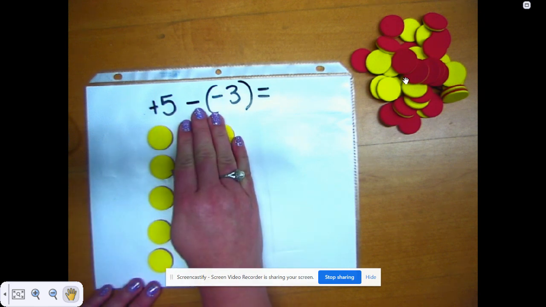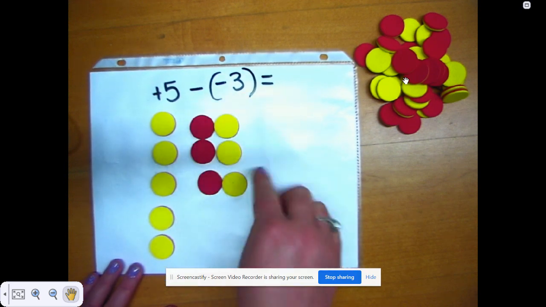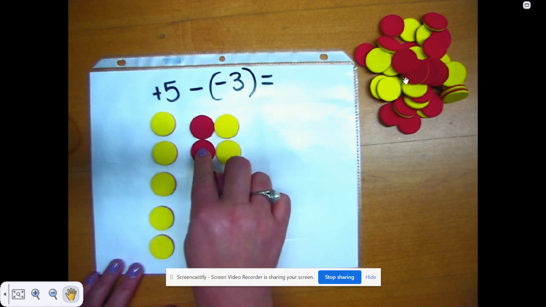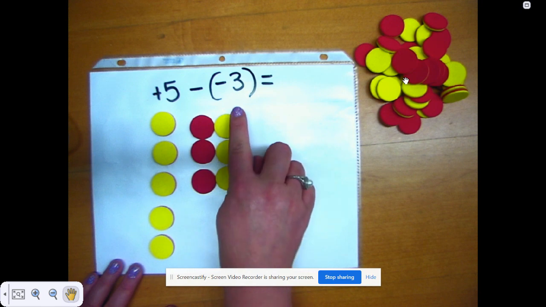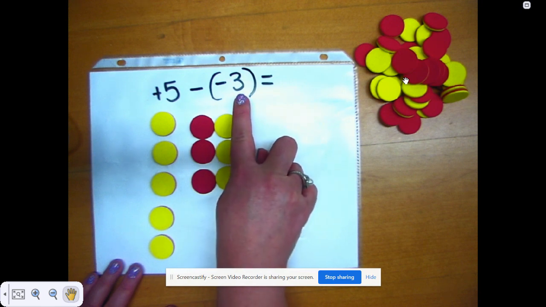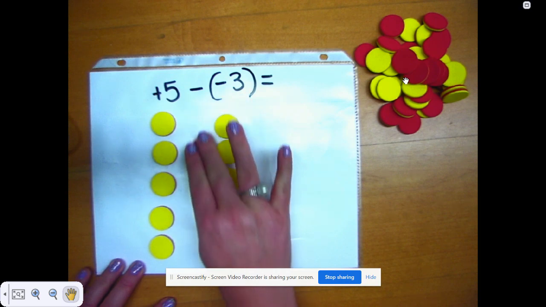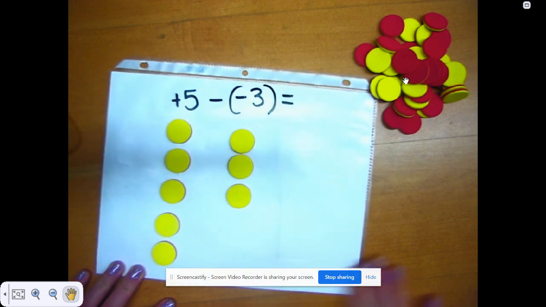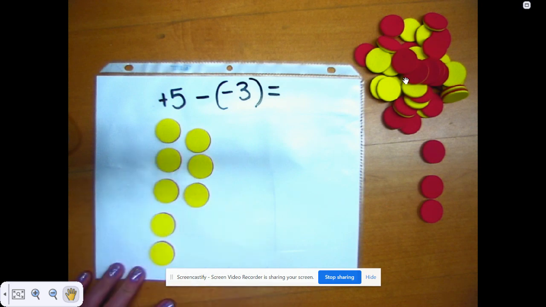So I still really only have positive 5 on my board. But when I see these zero pairs, remember they equal 0, it gives me what I need to take away. I need to take away negative 3. So I can take away negative 3 now, and I'm left with positive 8.